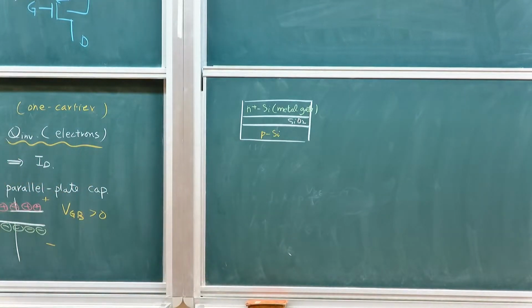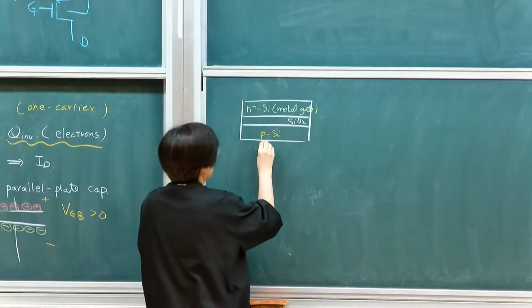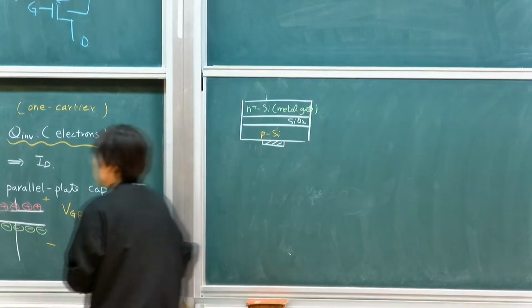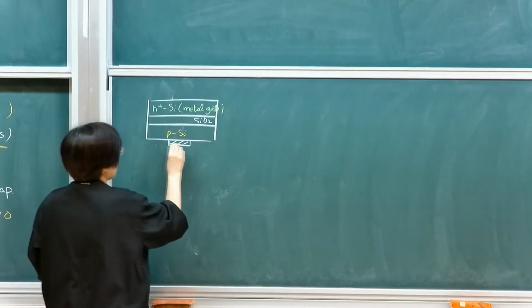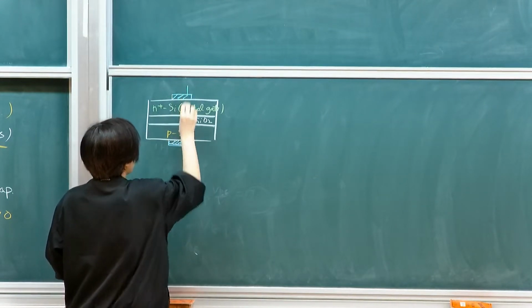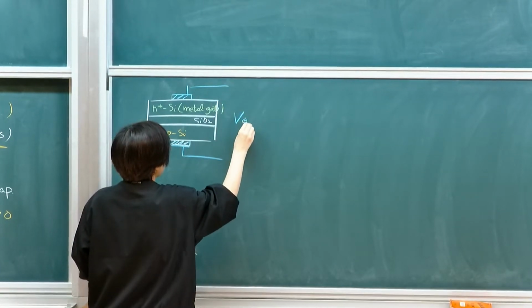Without this piece of glass inserted between these two materials, what do we expect? This is called the MOS capacitor, between gate and body.